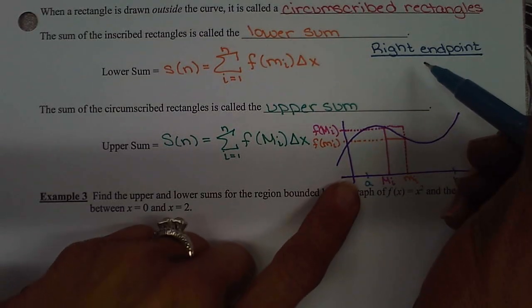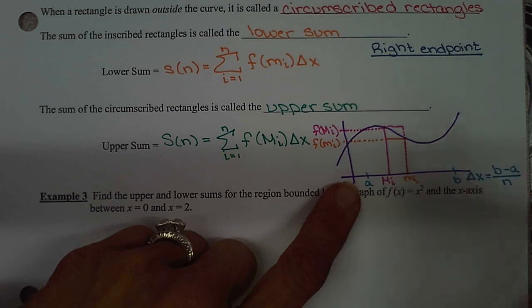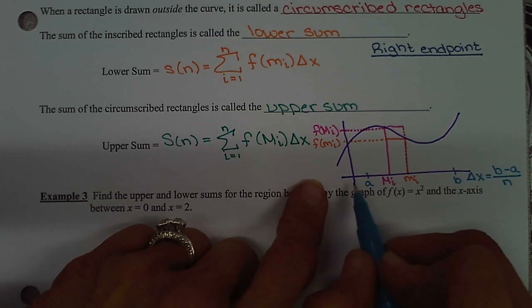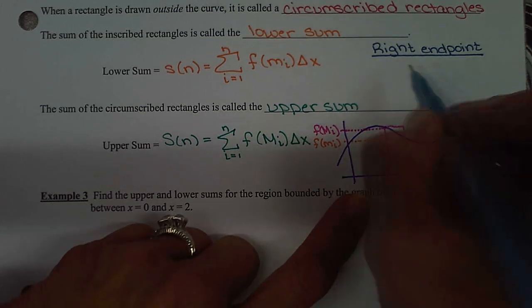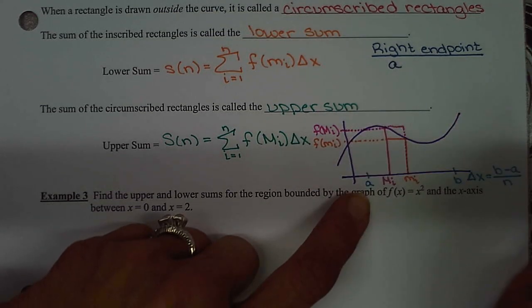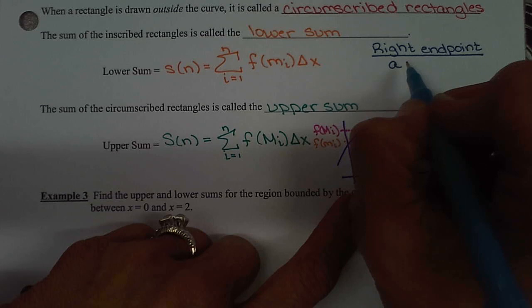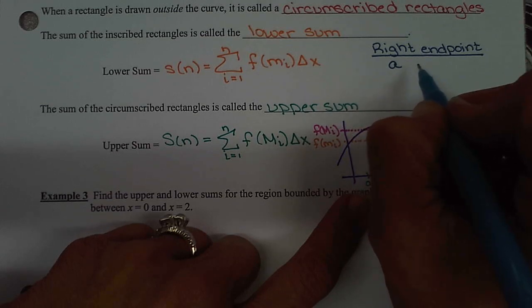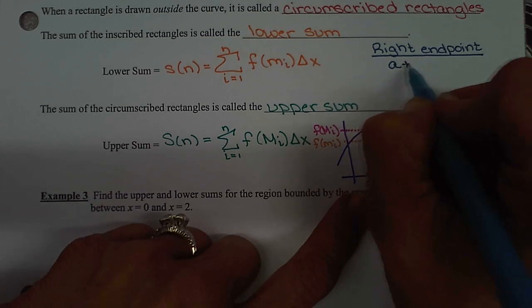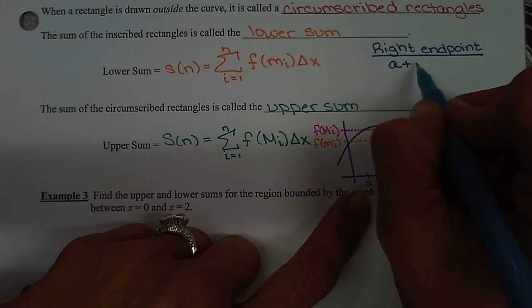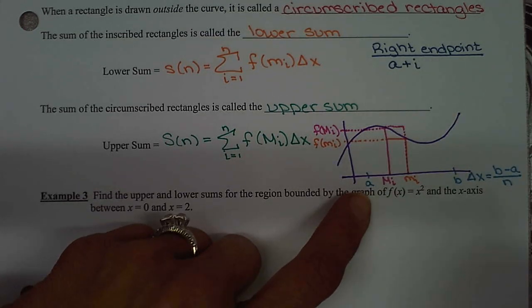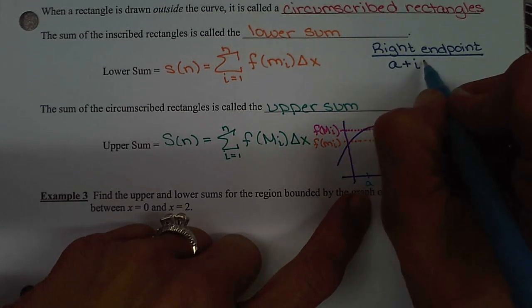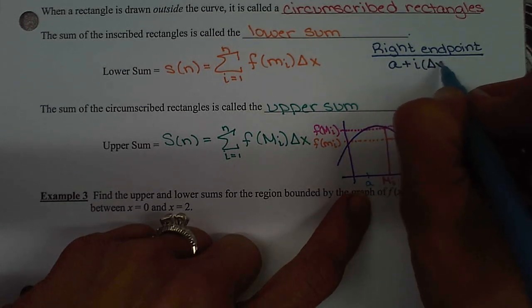Okay, so whenever we are doing our right endpoint, we are going to take whatever our starting value is. In this case, we're starting at A, and then we are going to add to it i times whatever our delta x ends up being.